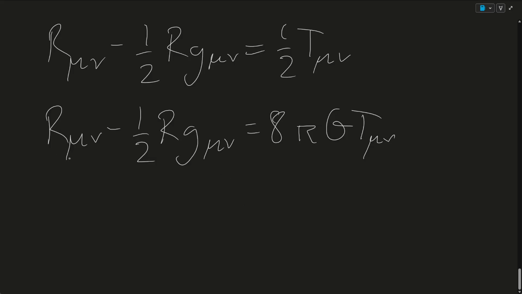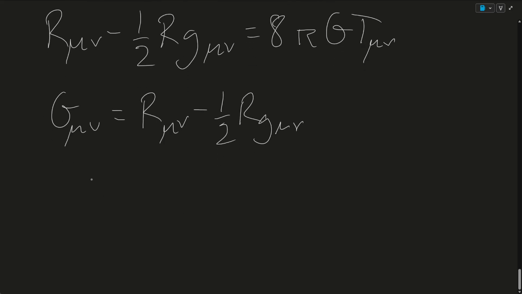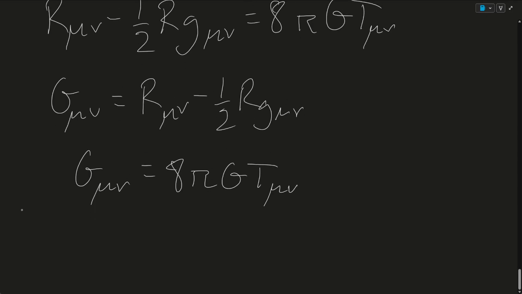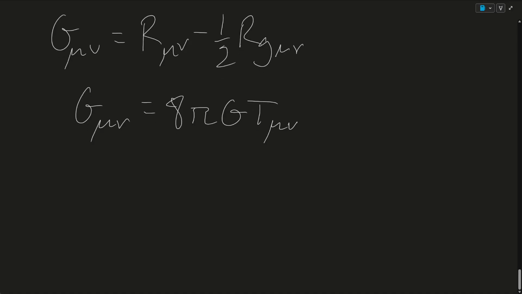Einstein derived the Einstein tensor G_mu_nu equal to R_mu_nu minus half R g_mu_nu, which gives us the very nice equation G_mu_nu is equal to 8 pi G T_mu_nu, where T is the energy momentum tensor. That's lovely, but it's usually written in a different form, which is taken by traces, which I really hate, but it's okay. They're not that bad.